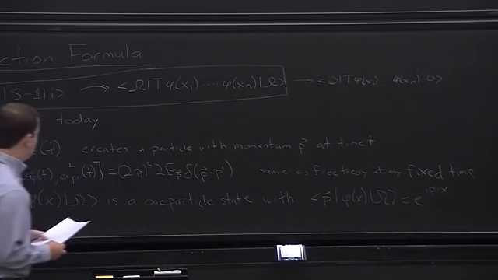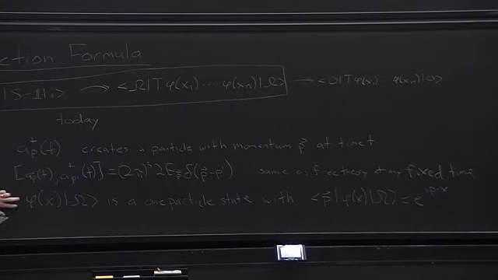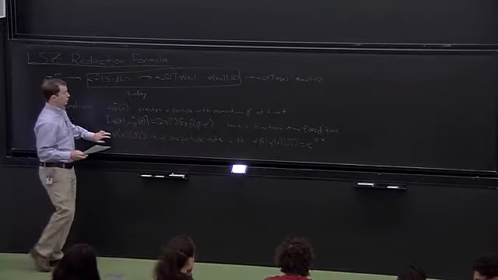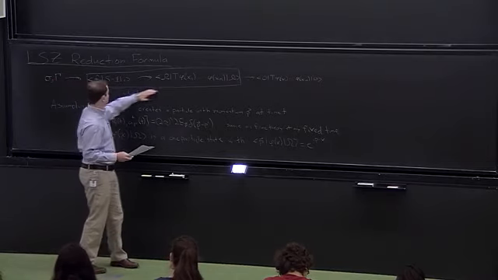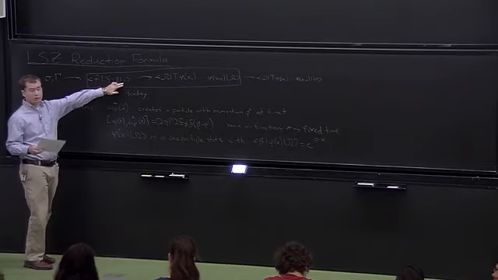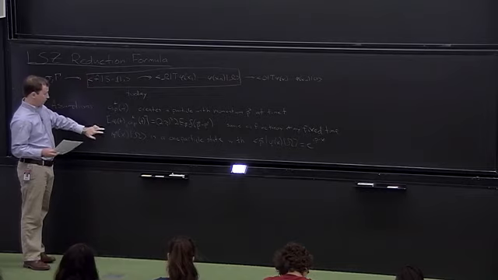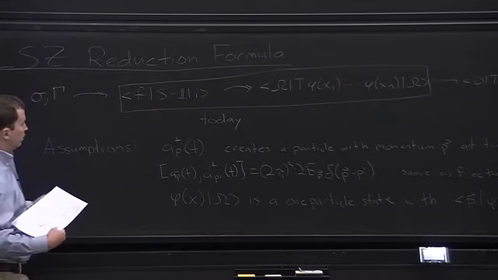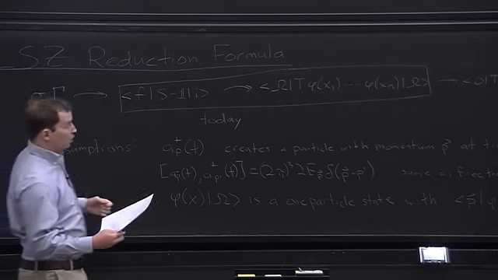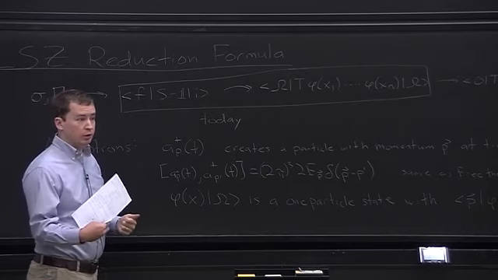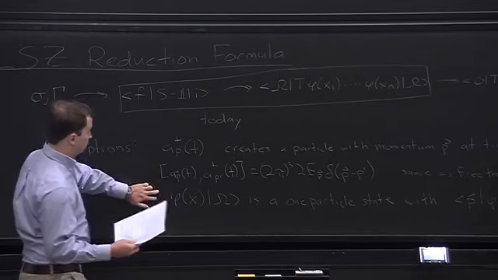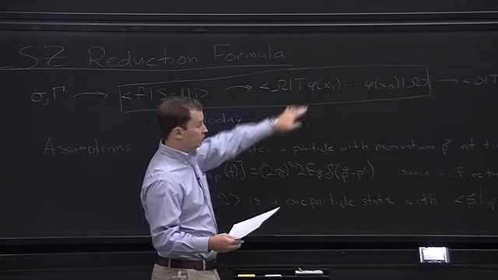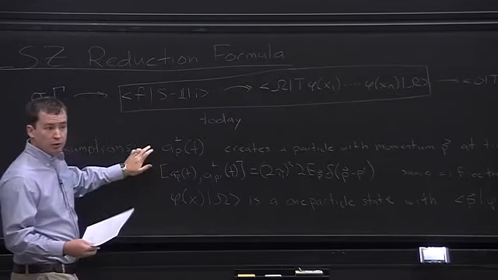Okay, so we'll make that assumption. It'll be necessary to derive something like this. We're going to relate our initial and final states in momentum space. Usually we're interested in momentum eigenstates, or at least initial and final particles which are highly localized in momentum space. And over here, we've got an expression in position space. So we need to be able to relate those two.